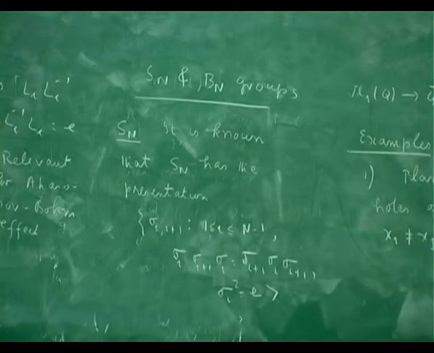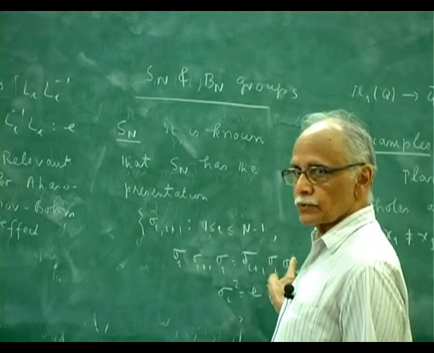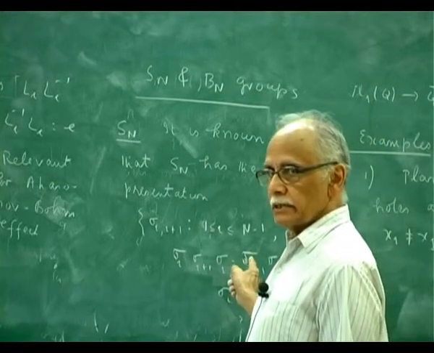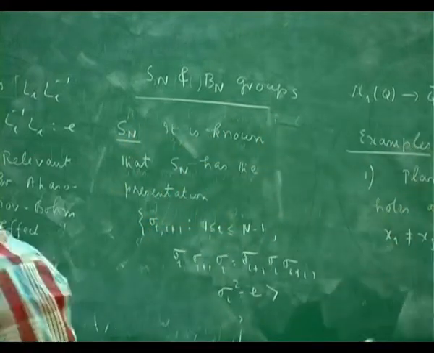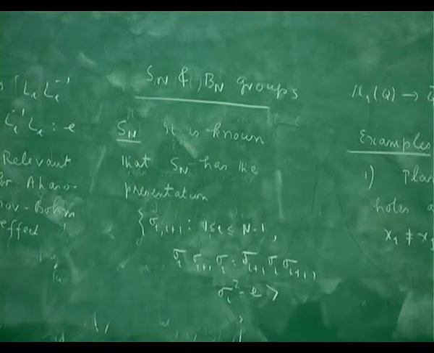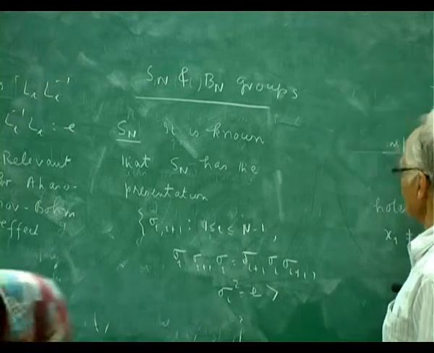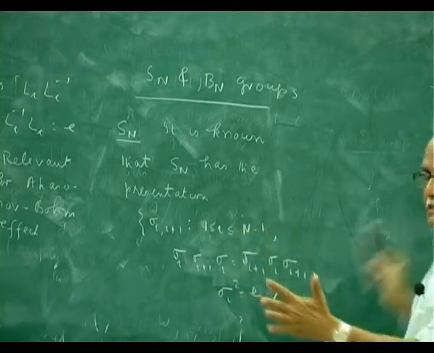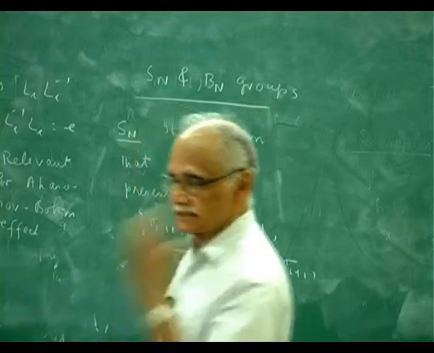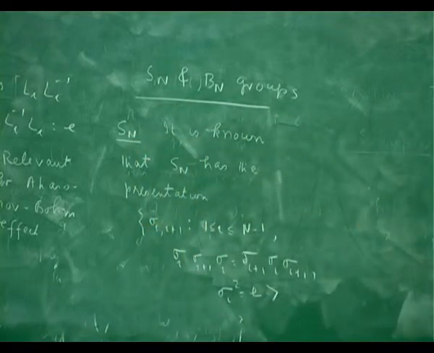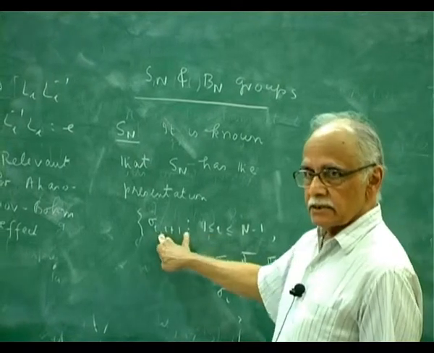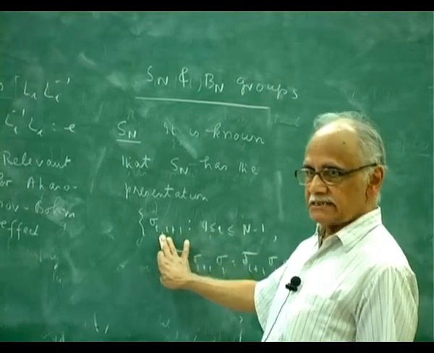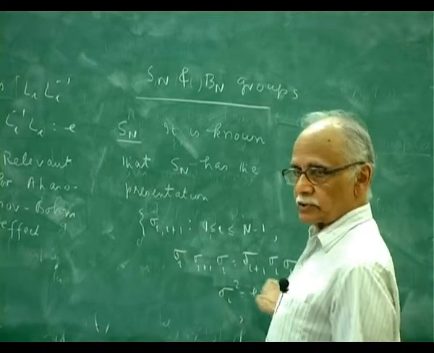This relation is a braiding relation. It comes up constantly when you work with vertex operators in conformal field theories. This is known to be a presentation of Sn. Presentation means you write all the generators and relations. Think of these as transpositions of adjacent objects. I will show you how this comes about.